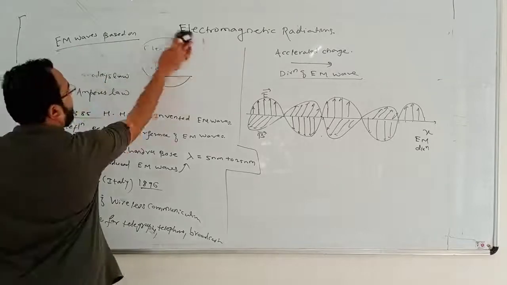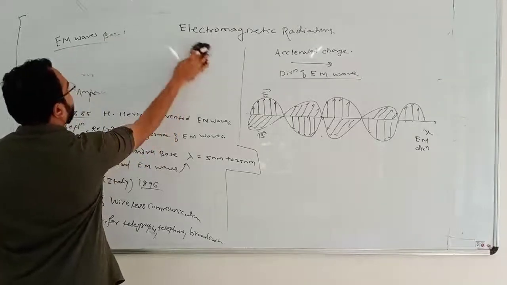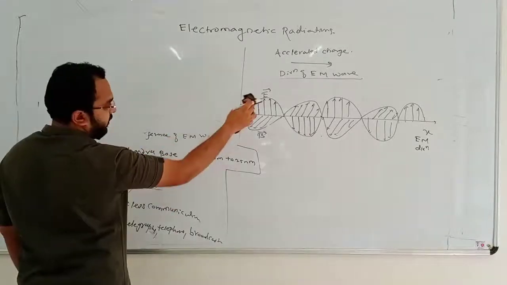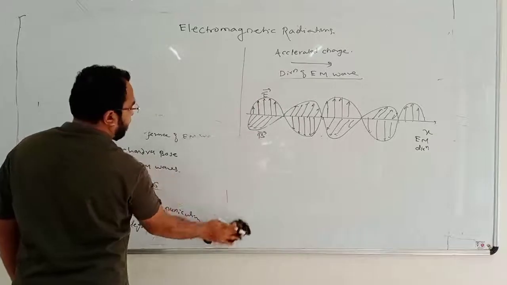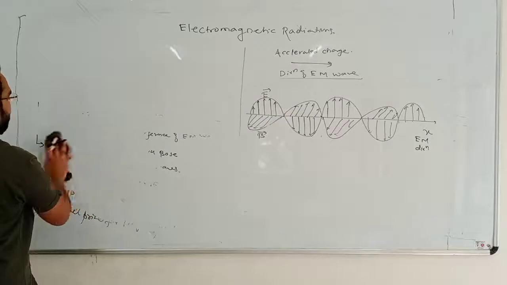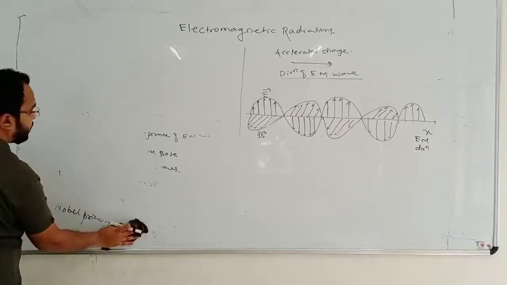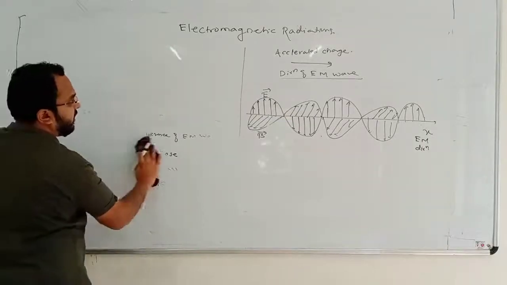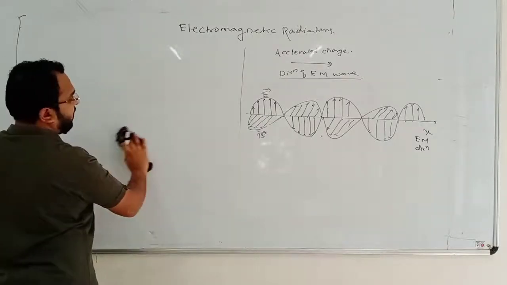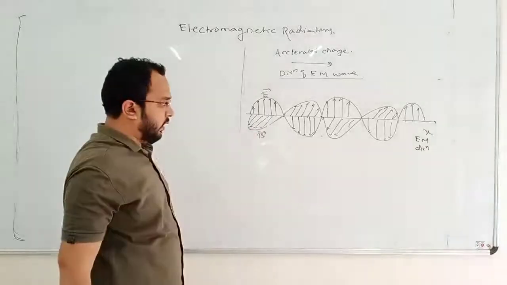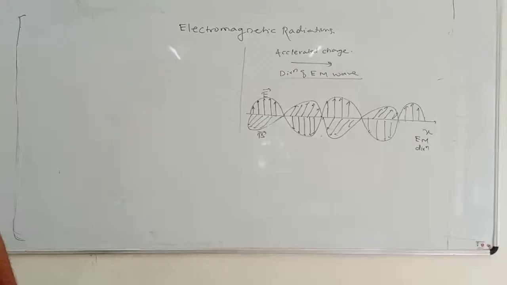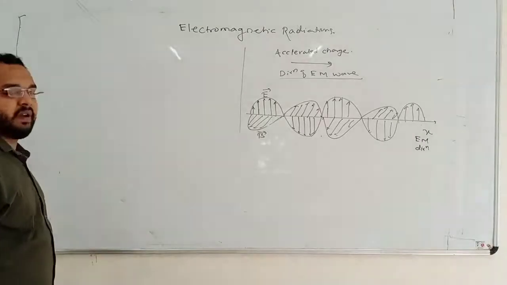Okay. Now one by one we will see what the characteristics of electromagnetic waves are. You just remember 3 points here. The electromagnetic waves are produced due to accelerating charge, and the direction of electromagnetic waves is perpendicular to the direction of electric field as well as magnetic field.